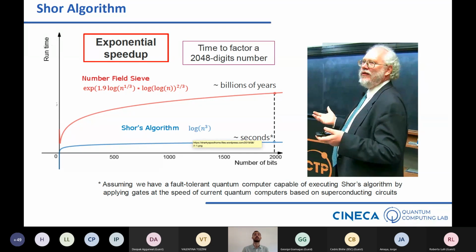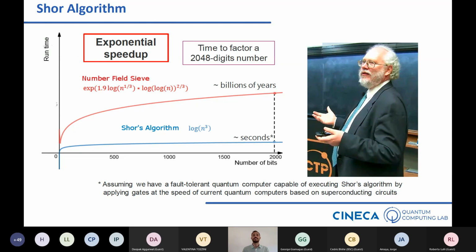Assuming we have an ideal quantum computer, which is fault tolerant, meaning it does not have errors, and large scale, capable of executing the Shor algorithm on the problem of factorizing a 2000 digit number, then this computer will take just seconds to factorize such a number, assuming again that the speed of application of single gates is basically the same as we have today on superconducting computers.